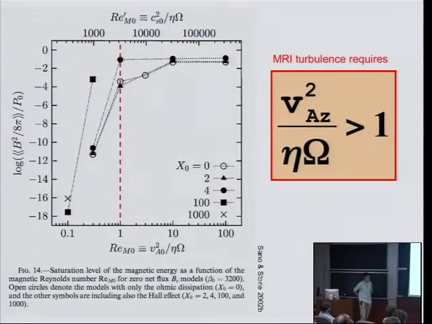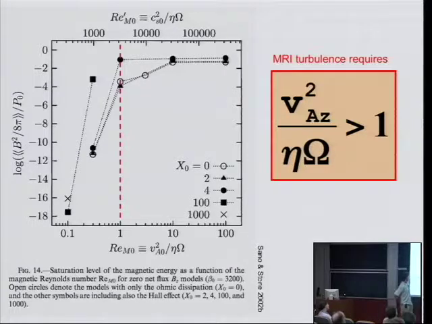So after Mark's talk, we were discussing basically this diagram, which is from Sano and Stone 2002. This is showing the saturation amplitude of the magnetic field in the MRI as a function of the Lundquist number. So the Alfvén speed in the background field divided by the resistivity and the orbital frequency. When it's bigger than unity, the saturation amplitude doesn't vary terribly much with that number.